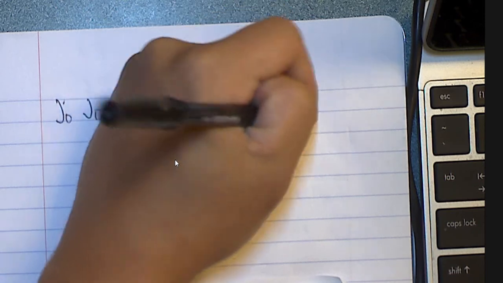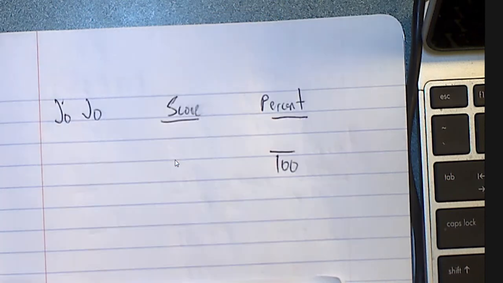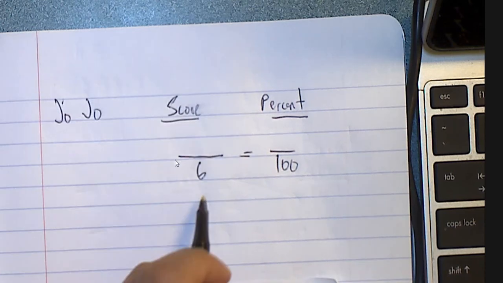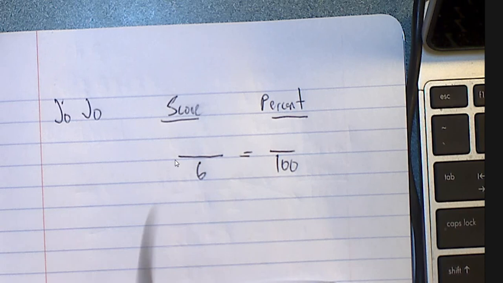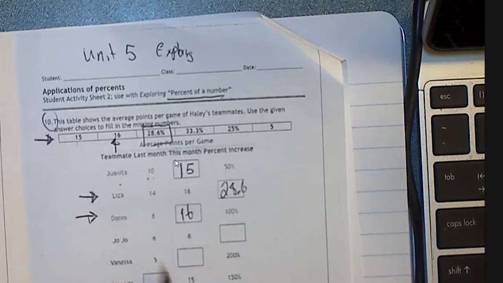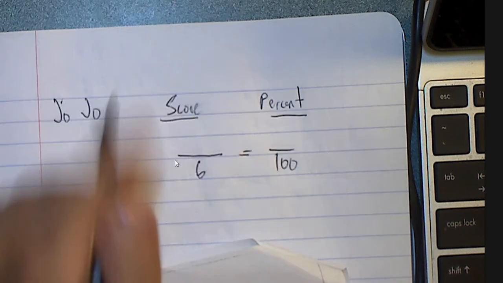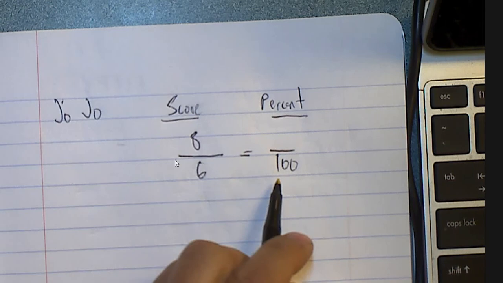And our percent means out of 100. And we know last month, her baseline was at 6. Now, this month, JoJo has an 8. So it's not the percent, we put the 8 right here. The blank is the percent.